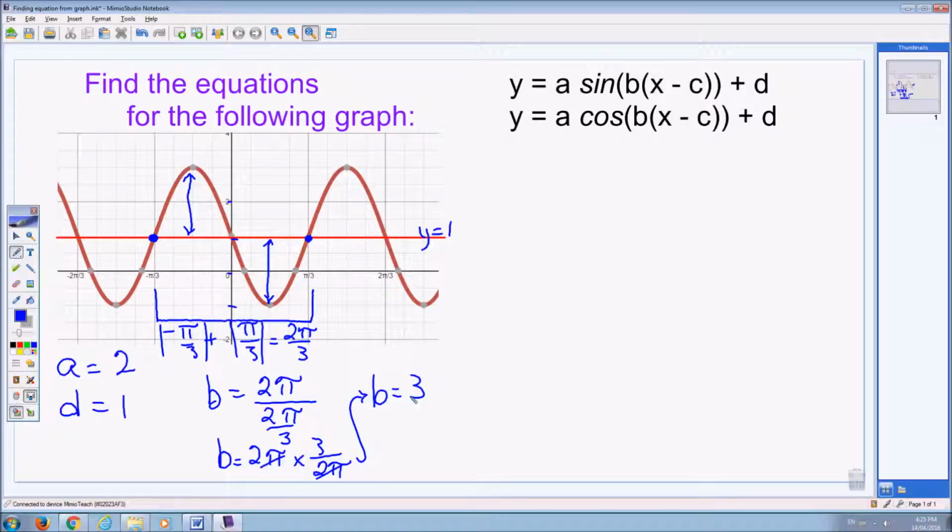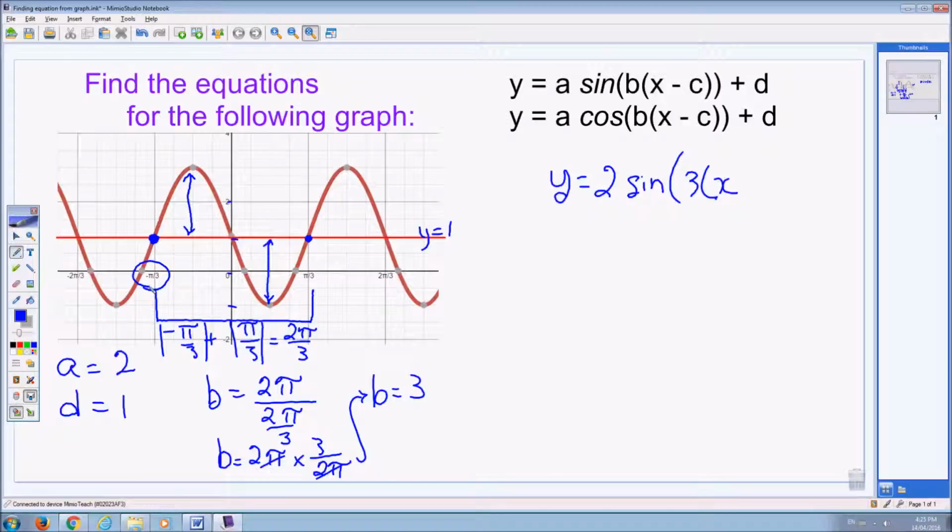So we can start by writing out y equals 2 for amplitude, sine, B of 3, bracket, x, and now we have to look for our phase shift or our horizontal translation. So I'm going to go back to the graph where I had worked to find my period, and I recognize that here I am at the sinusoidal axis going up to the right, so I have a horizontal translation of -pi/3.